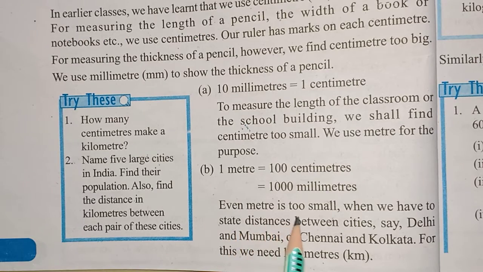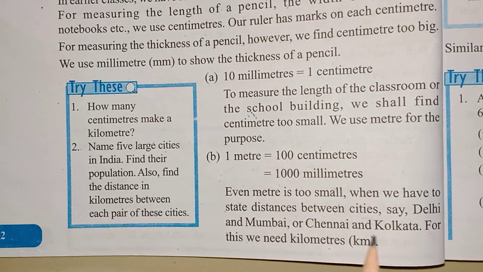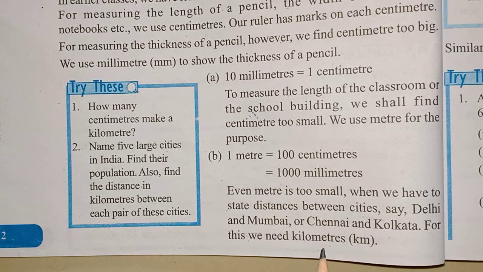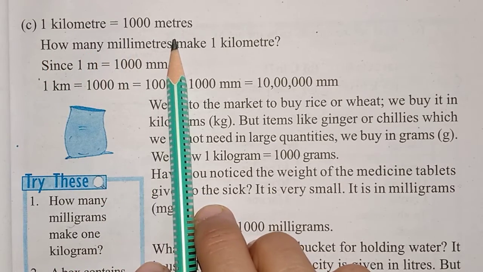Even meters is too small. But sometimes even meter is too small. When we have to state distances between cities, say Delhi and Mumbai or Chennai and Kolkata, for this we need kilometers. We need big units to measure the distance between any two cities, where 1 kilometer is equal to 1000 meters.